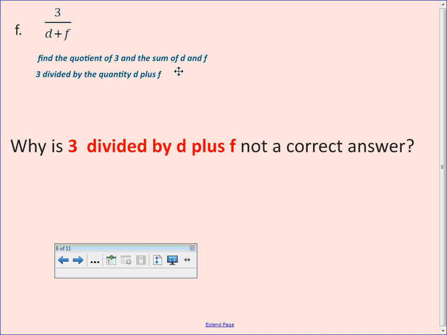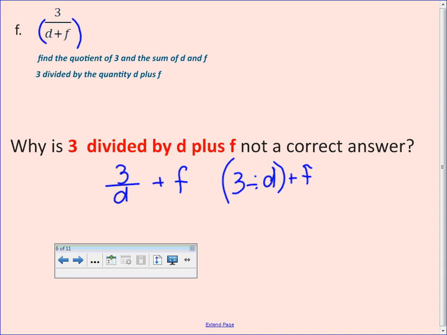What would that mean? That would mean that you're dividing 3 by D. We would be doing the division first, and then we're only dividing by D. But we want to divide by the sum of that.